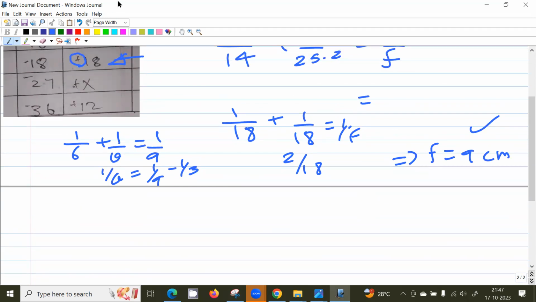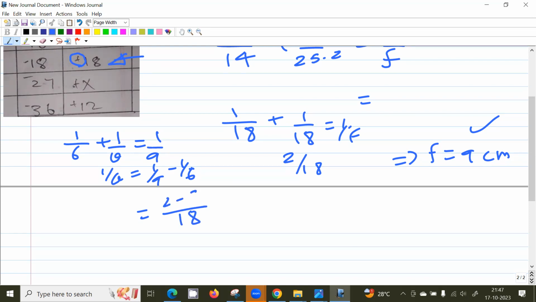One by 9 minus 1/6. So this you can calculate, right? From this I can find v. The LCM of 9 and 6 is 18.